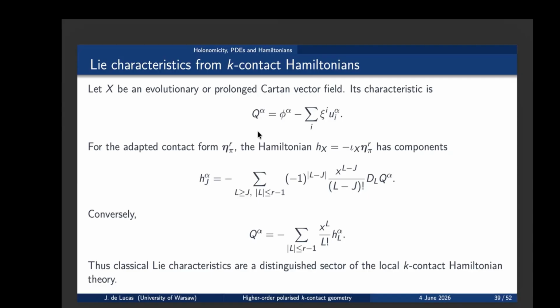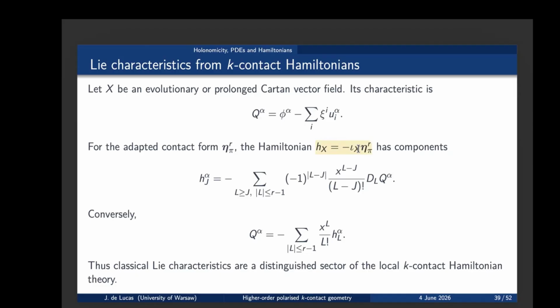when you characterize jet bundles as K-contact manifolds, the prolongation of vector fields, the evolutionary vector fields, become Hamiltonian vector fields related to the K-contact structure. This is the nice thing. They are Hamiltonian vector fields, and as such, there is a way to relate them with a Hamiltonian function, which is a function valued on the jet space.